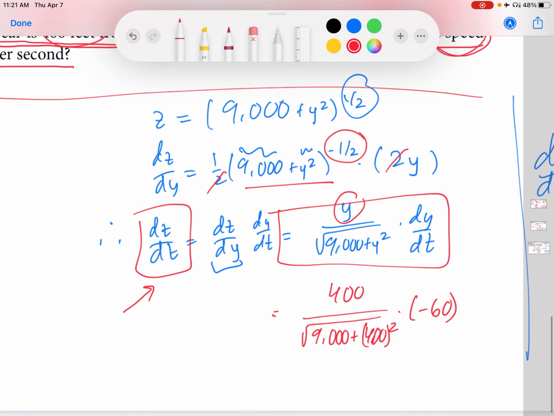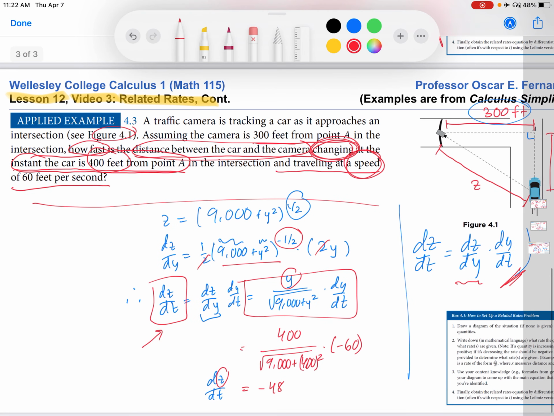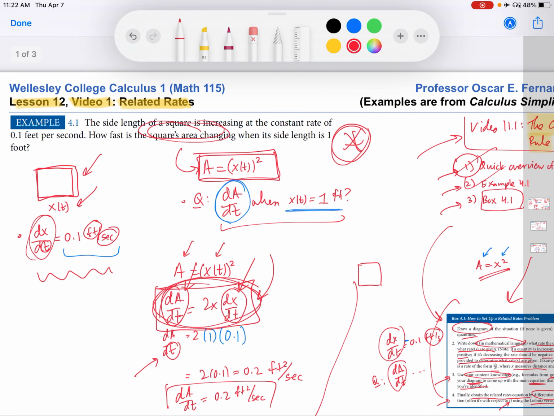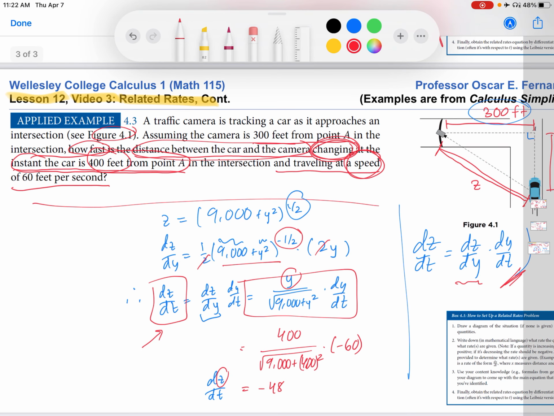Okay, so at this point we churn all this out. You can use a calculator, you can simplify, and we end up getting negative 48. Let's talk about the units, the last thing to do. So Leibniz form of the derivative is very useful for that. You see that z was a distance, if we go back to our diagram, between the camera and the car. We had measured distances in the entire problem in feet.